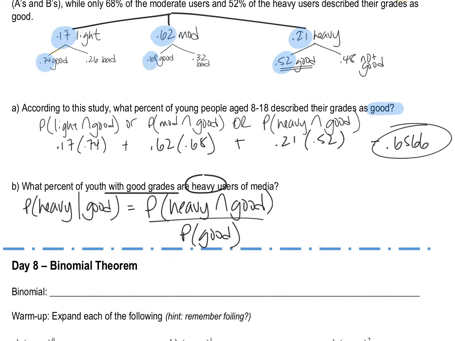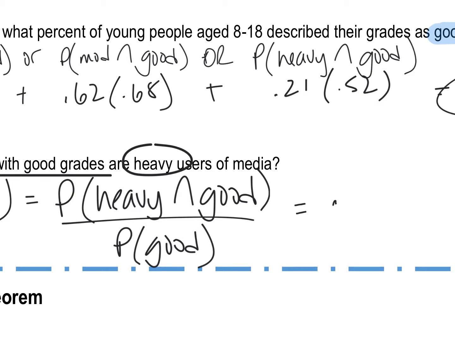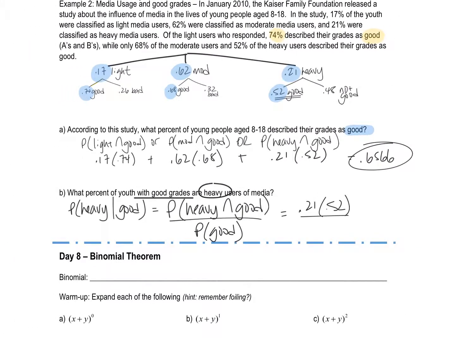So looking back up at my tree, how can you be a heavy user and get good grades? Well, 0.21 times 0.52 is that. So 0.21 times 0.52 divided by, what's the probability of having good grades? That's exactly this question that we already answered. So remember, this question is, what's the probability of having good grades?